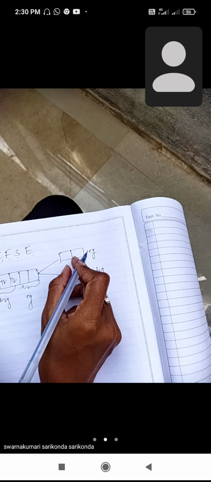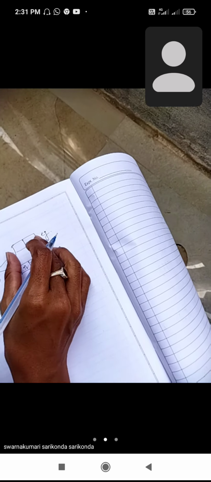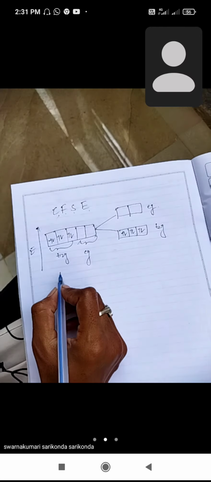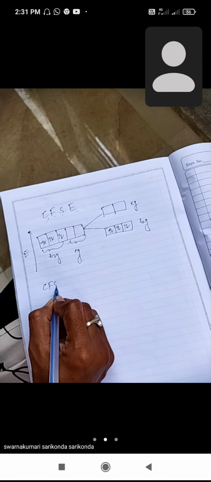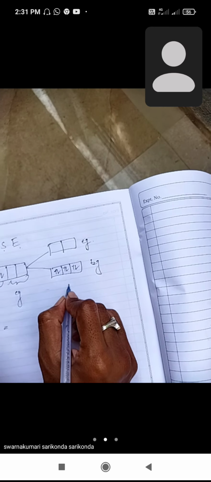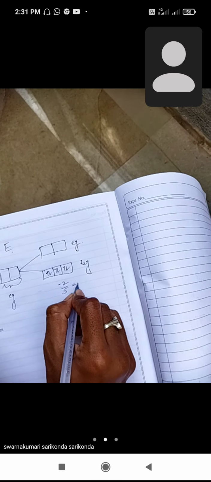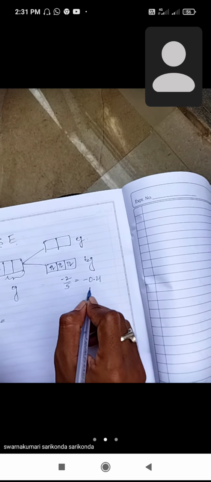Since there are no electrons in eg, we find the CFSE value. The lower energy value is minus 2 by 5, which is minus 0.4. The higher energy value is plus 3 by 5, which is plus 0.6.